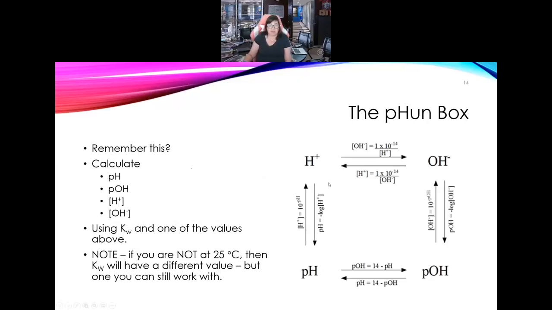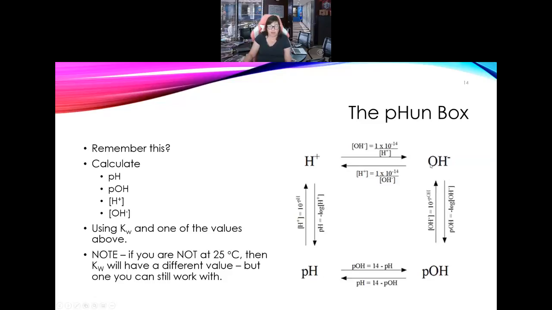Now, remember this? We call this the fun box. If I know the concentration of H plus, then I can find the concentration of OH minus by dividing Kw by the H plus. Even if this Kw is different at that temperature, I can do it this way. This is to find this one for 25 degrees. So that's the OH minus concentration.